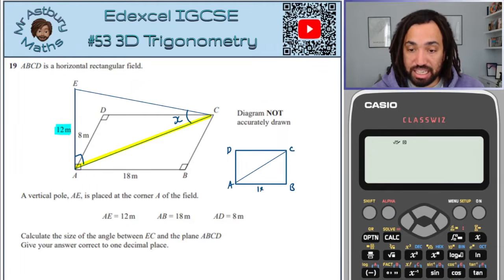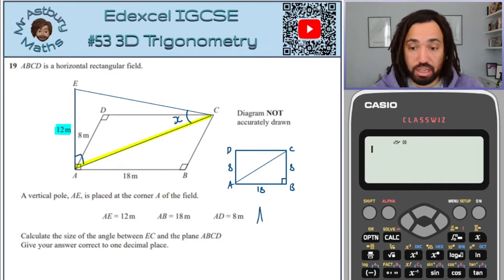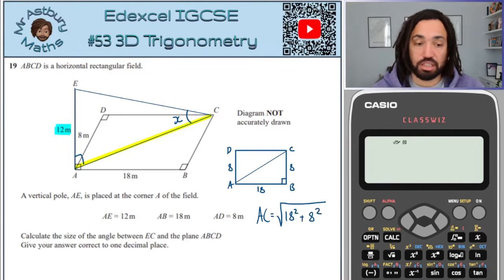This side is 18, and this side is 8, which means the opposite side is also 8. It's a rectangle, so it has a right angle, so we can work out AC by doing Pythagoras' theorem. It's the square root of the two short sides squared and added together.